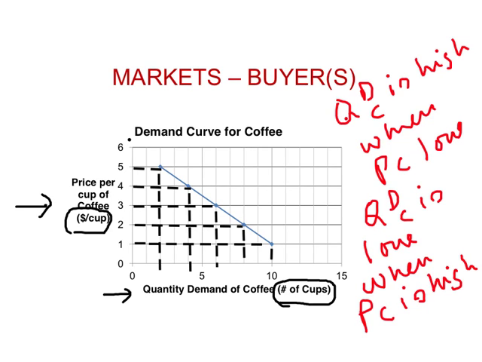What we find is there's an inverse relationship. We tend to buy more at a lower price and less at a higher price.